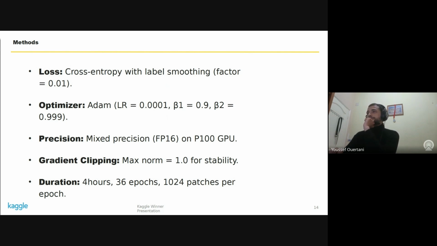Also gradient clipping with a maximum of 1 for stability. Finally, the model took 4 hours for 36 epochs, each epoch being 1,024 patches fed to the model.